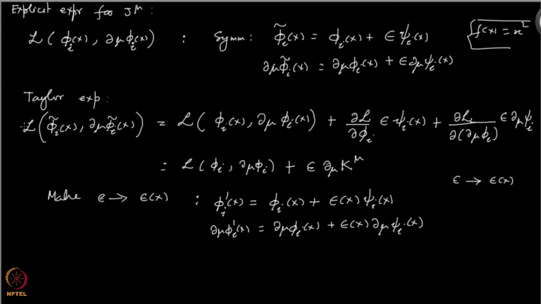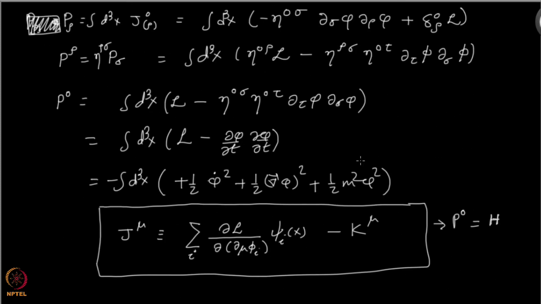Okay, so the Lagrangian density with the transformed fields will be equal to the original Lagrangian density plus some total derivative term, and this is this k mu which enters here. Okay, so that's the k mu which I want to find out for my present case. And our J mu is this. The signs, you remember, we had chosen these signs so that energy comes out to be correct.